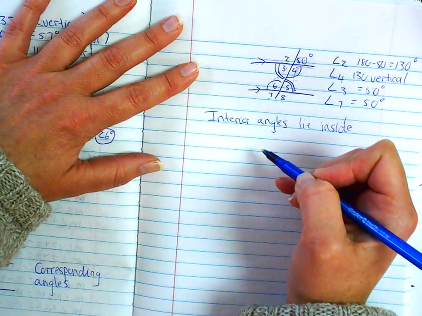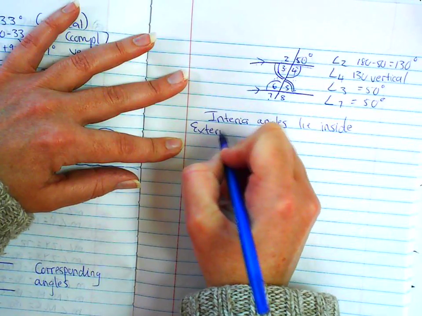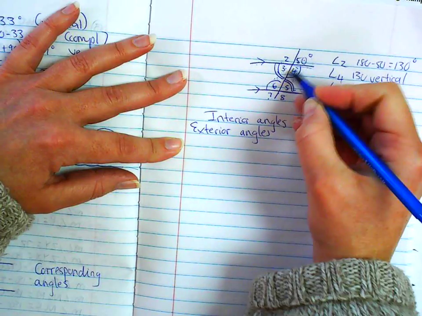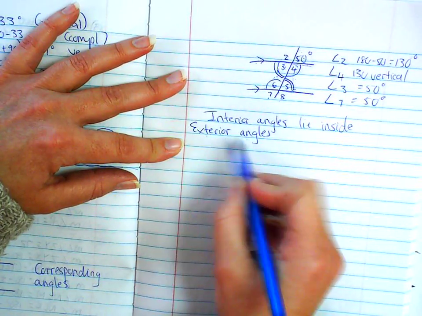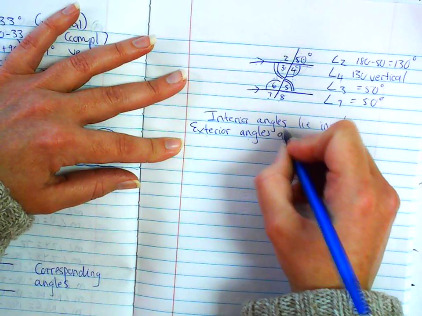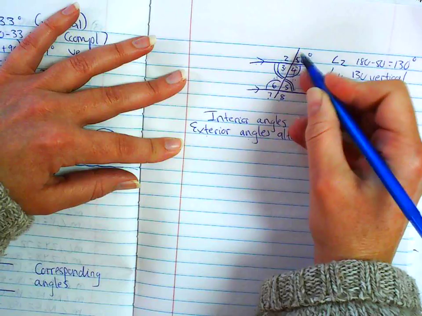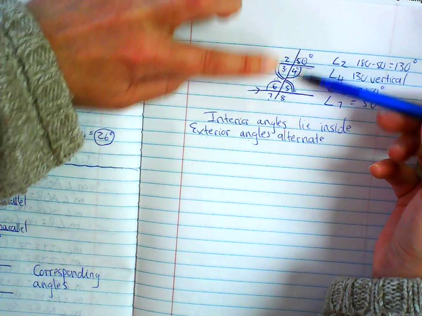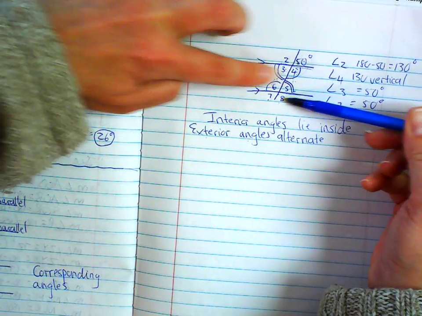Okay? There are also exterior angles. They lie on the outside. And these exterior angles can be alternate to the transversal. So I'm looking at these two angles and these two angles on opposite sides of the transversal.